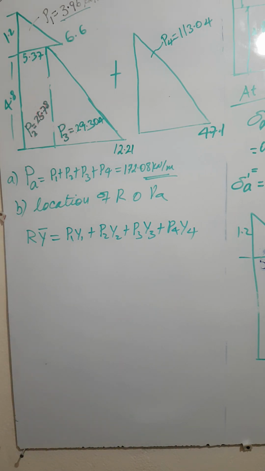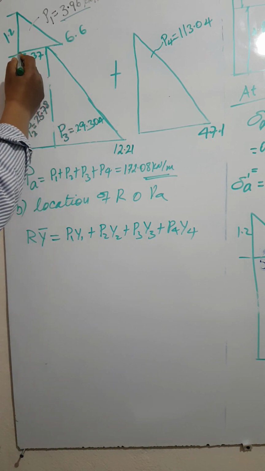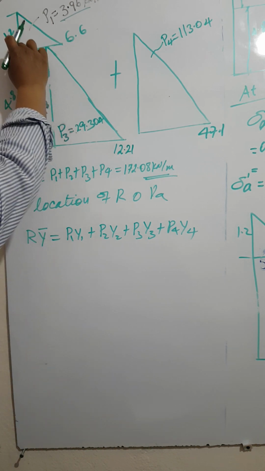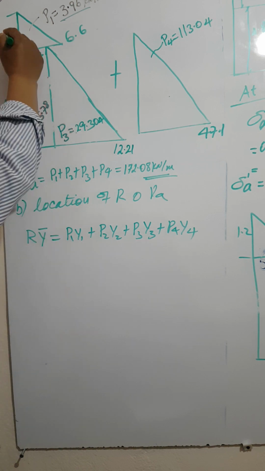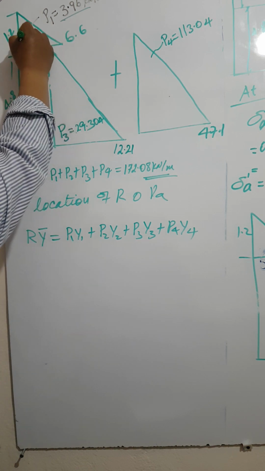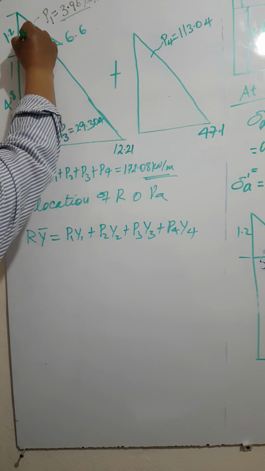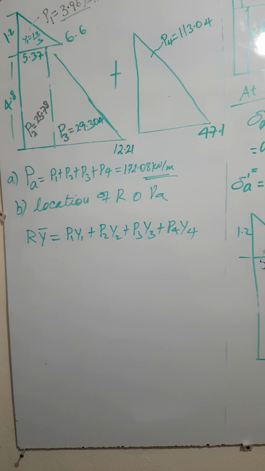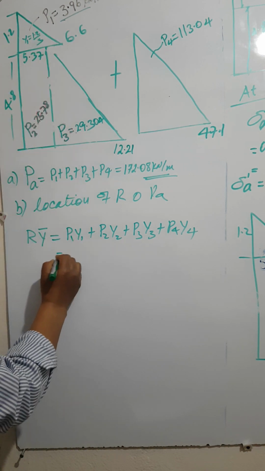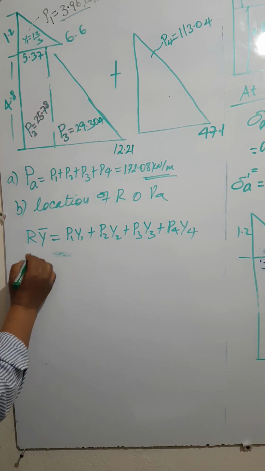For P1, the triangle sits 1/3 above its base, so Y1 is 1.2 divided by 3, which is 0.4.